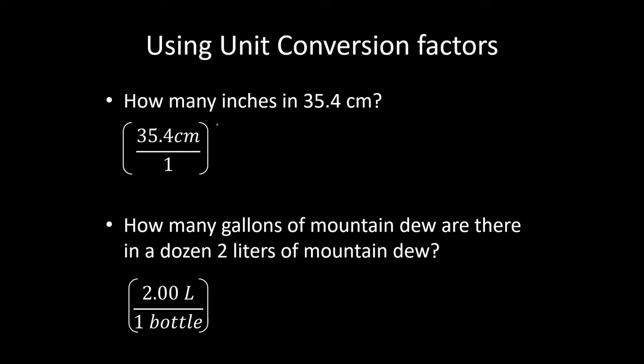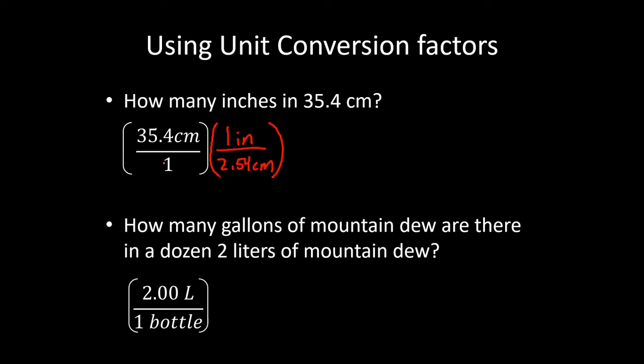Well, what I can do is I can take my conversion factor that equates inches and centimeters, and I can say I know for every 2.54 centimeters, I will have 1 inch, because those two are the same value.